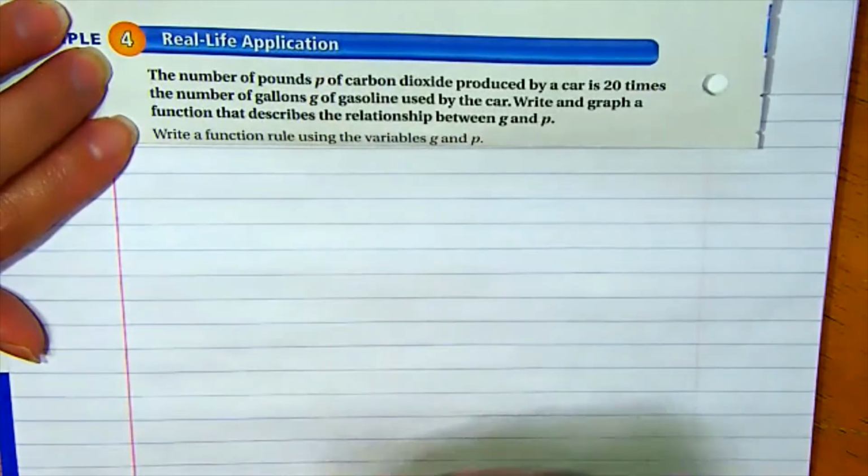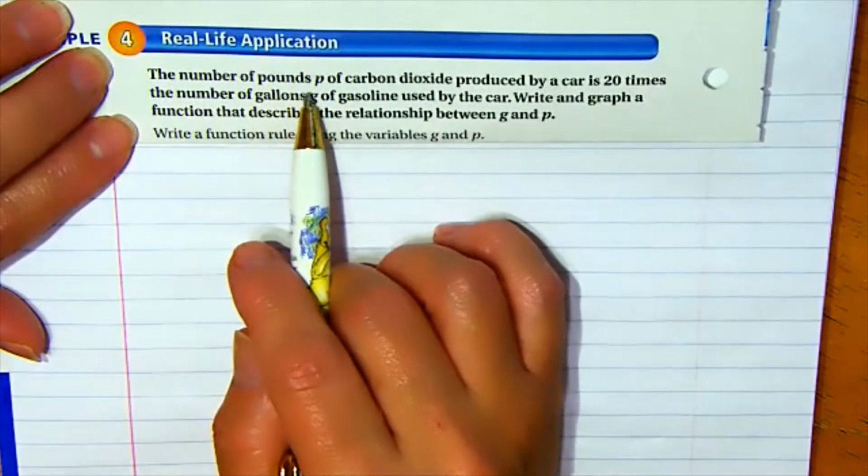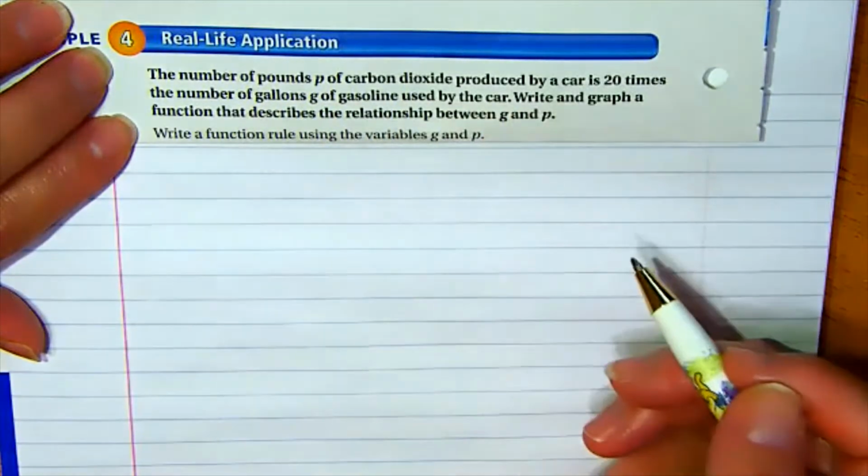Okay, so I need to pull out the important information. The number of pounds P of carbon dioxide produced by a car.